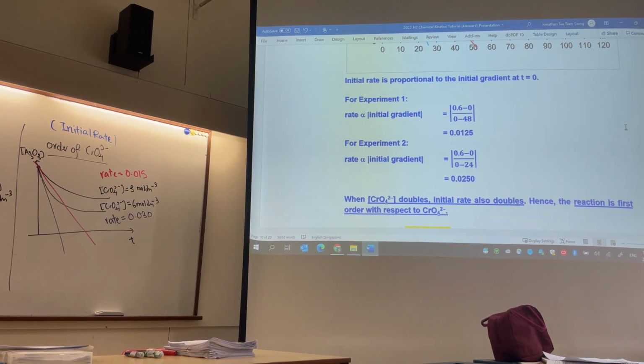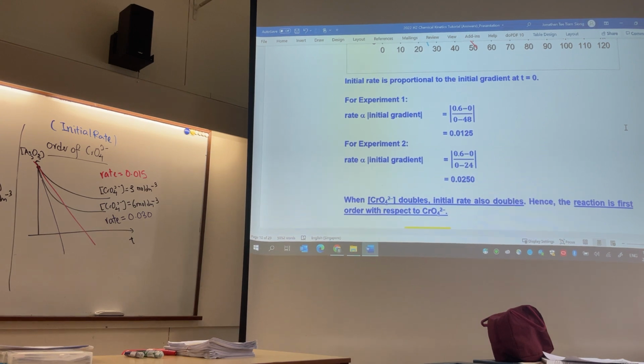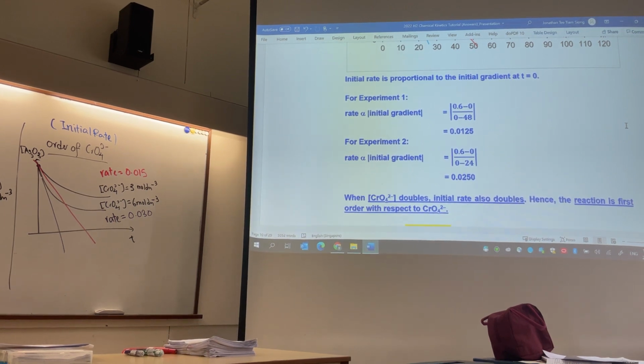In your exam, before you find the gradient, please write down the two coordinates that you are using to find the gradient. Otherwise, your marker won't know how you found the gradient or where you got the points from. So please write down the coordinates.